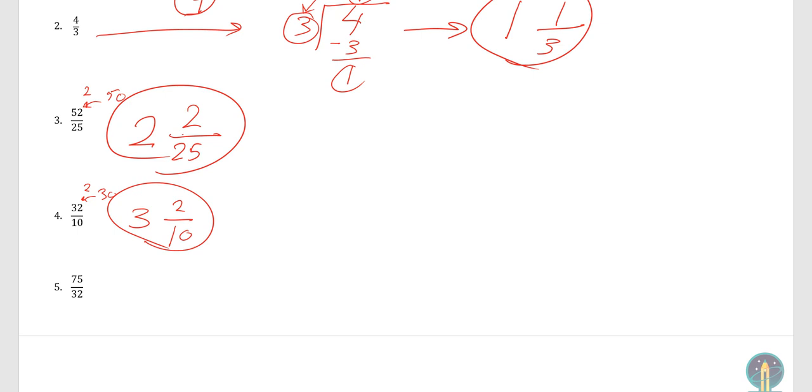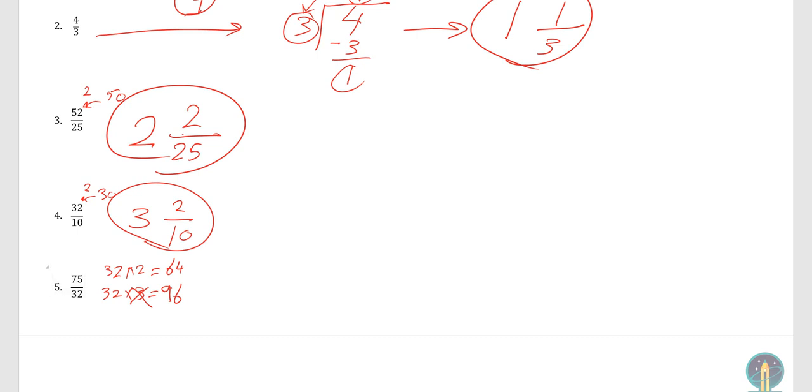Okay, how many whole 32s are contained in 75? These numbers are a little bigger, so you may want to do some multiplication. We know 32 times 1 is 32. 32 times 2 is 64. 32 times 3 is 96. So it's not 3. The whole number will not be 3. There aren't 3 full 32s in 75.